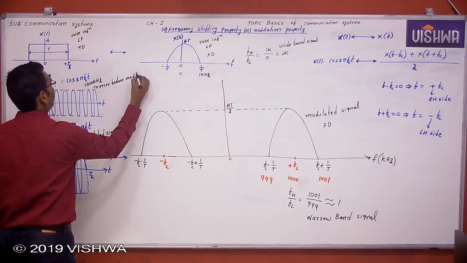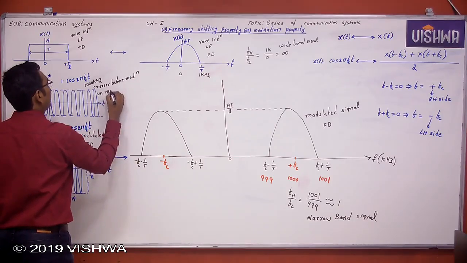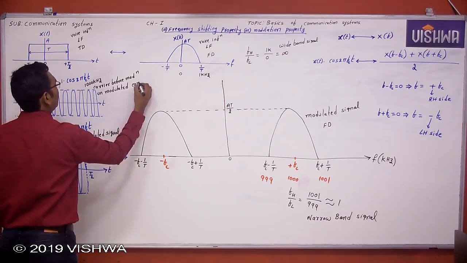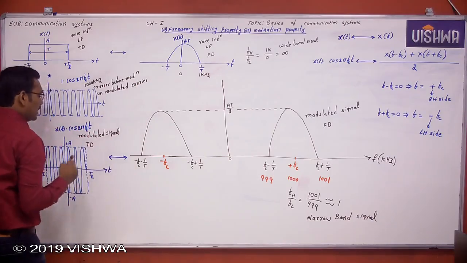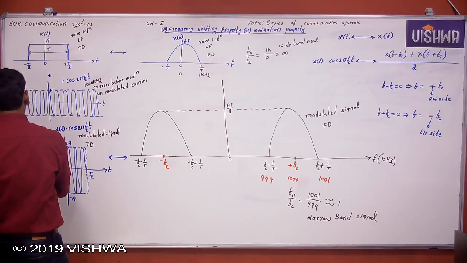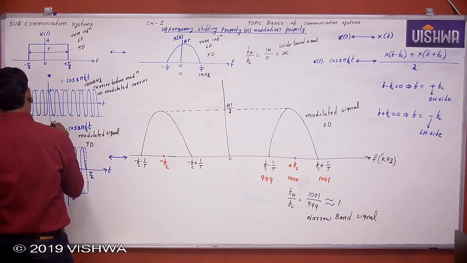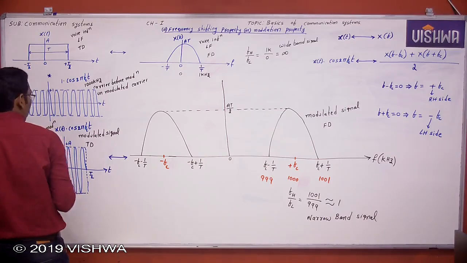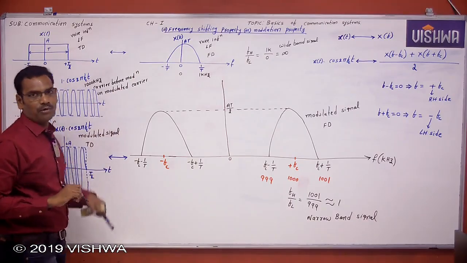The carrier before modulation we call the unmodulated carrier. This is the carrier after modulation, or the modulated carrier. Now this is the carrier before modulation. Okay, note down.